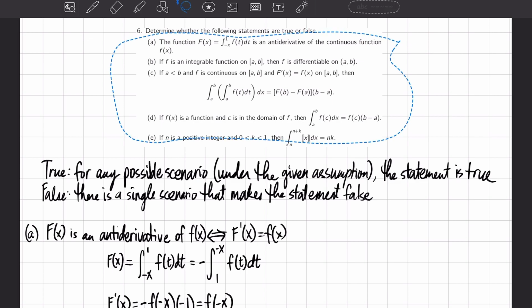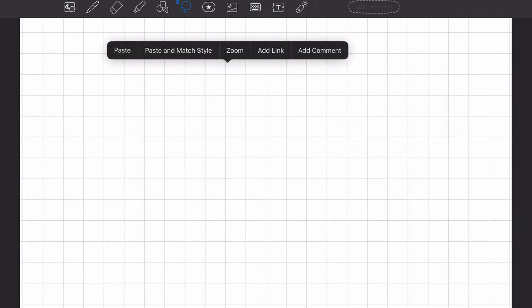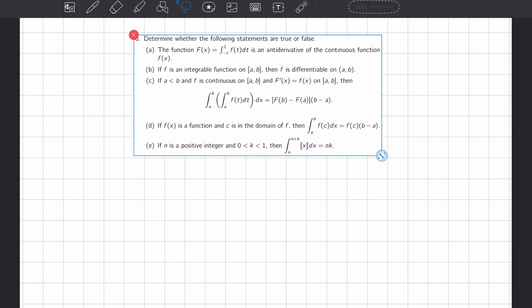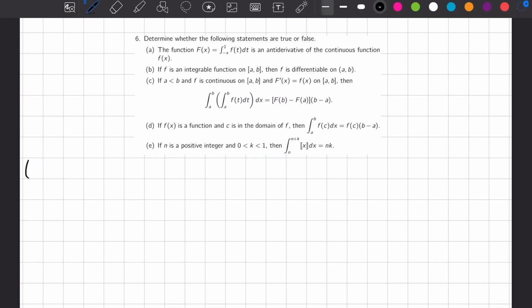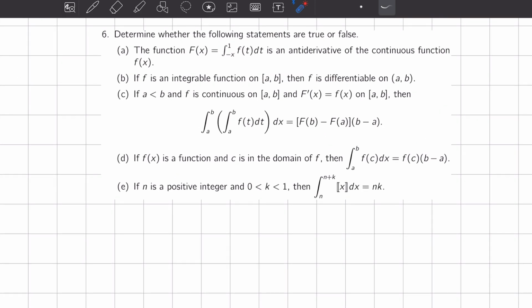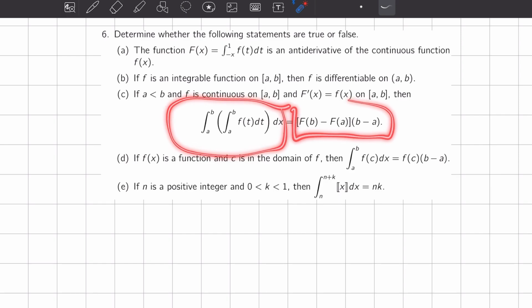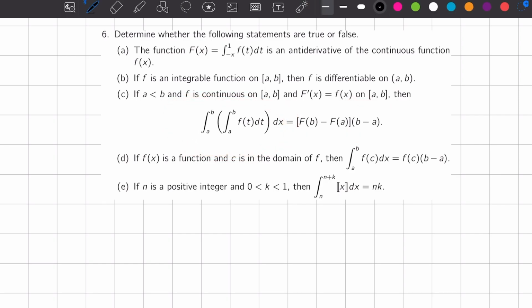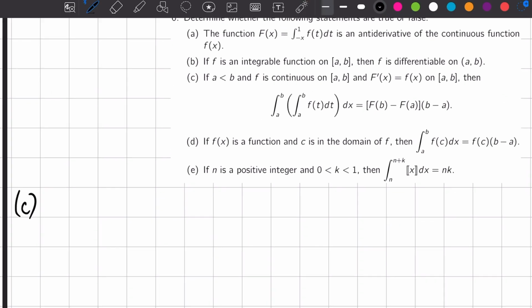Now, let's proceed to letter C. So, for letter C, if A is less than B and f is continuous on the closed interval AB, and f prime of x equals f of x on the closed interval AB, then this integral right here should be equal to this one. So this is quite a lot. You see two integration signs, so let's just do this step by step.